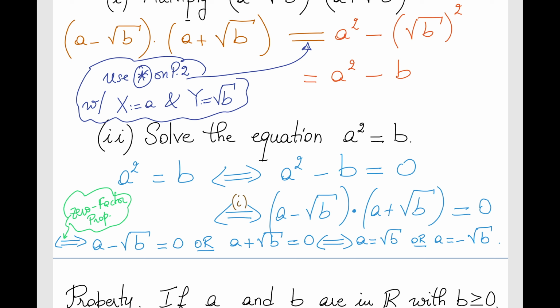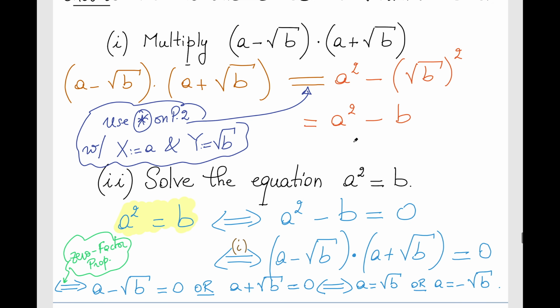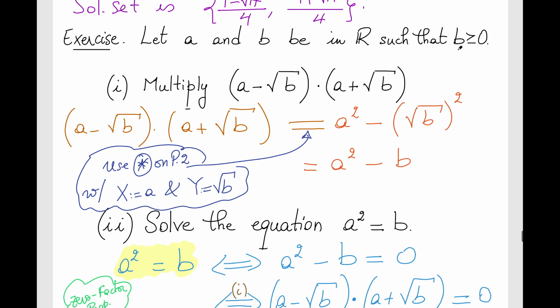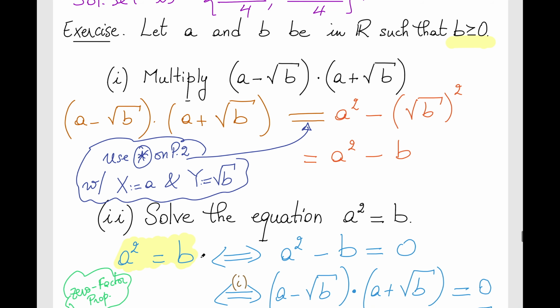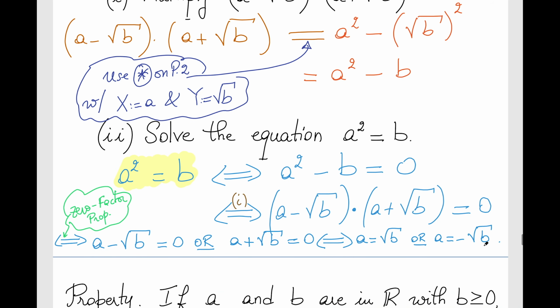So if you want to solve a squared equals b, remember, under the condition that b is non-negative, we are under this assumption. If you want to solve a squared equals b where b is non-negative, then that's the same thing as saying that a is plus square root of b or minus square root of b.